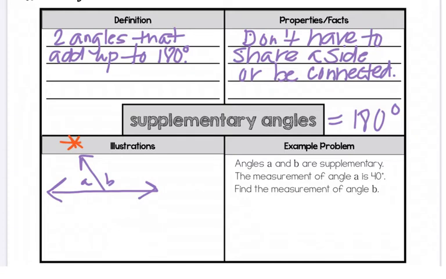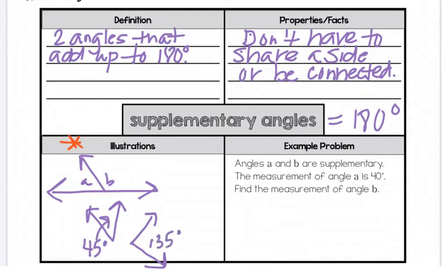Now, on the other hand, if we have 2 angles, like 1 and 2, and we know that the measures for these 2 angles are 45 degrees and 135 degrees. What is 45 plus 135?